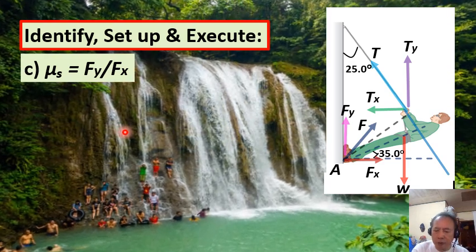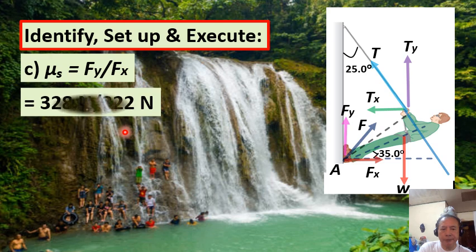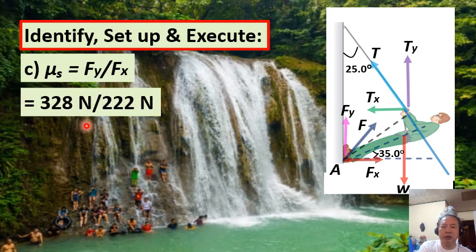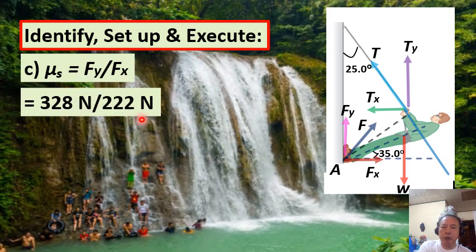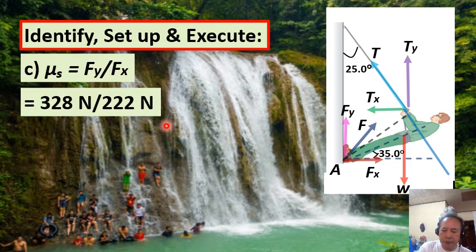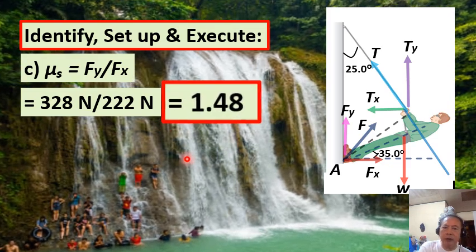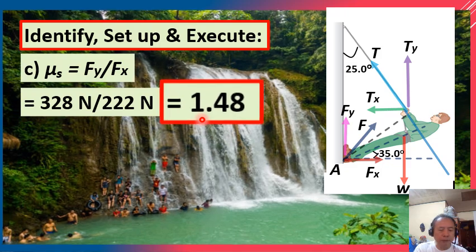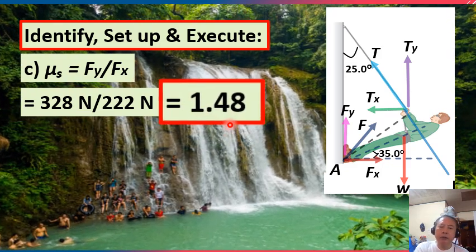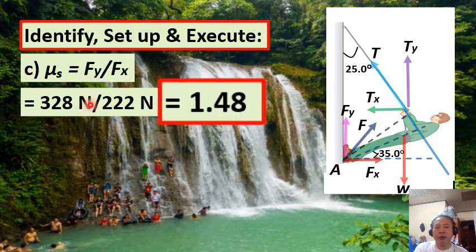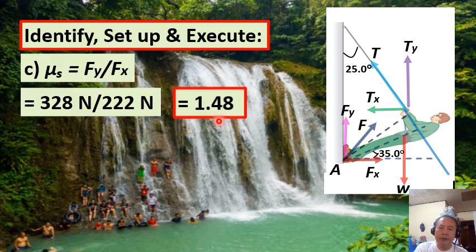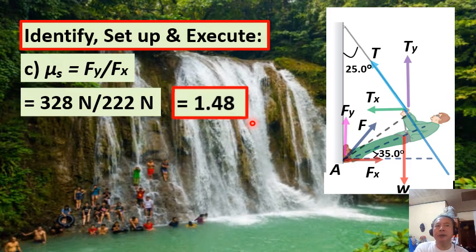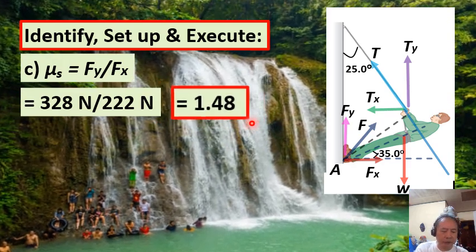That is, mu of S equals 328 newtons divided by 222 newtons. So that we get the value of the coefficient of static friction equal to 1.48 with no unit because newton cancels out. So the value has been rounded to three significant figures.